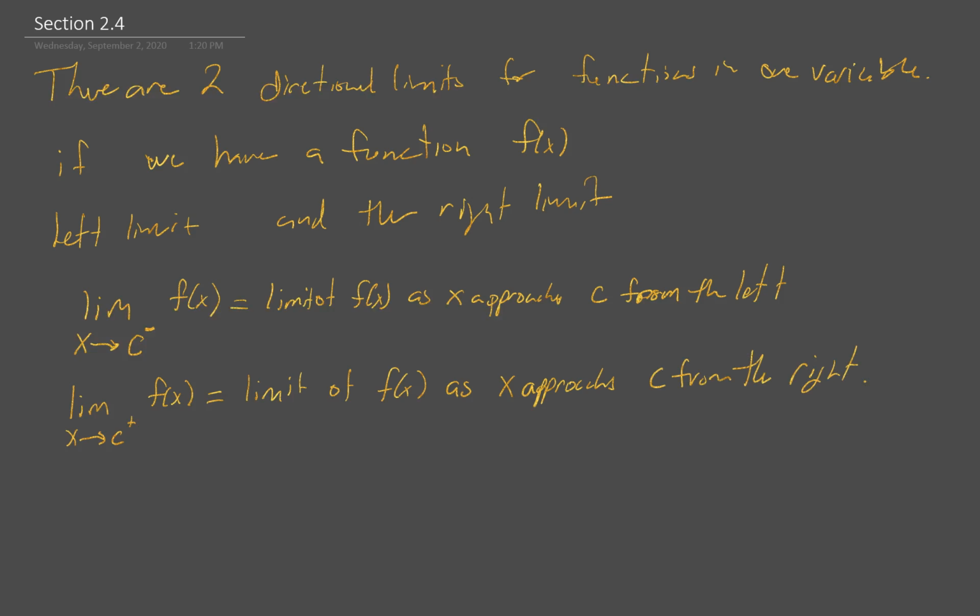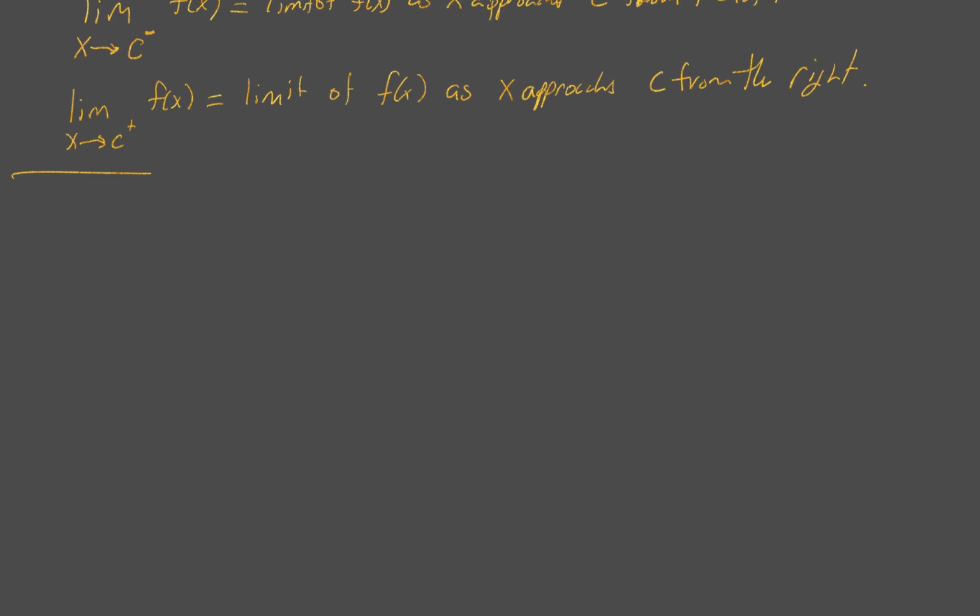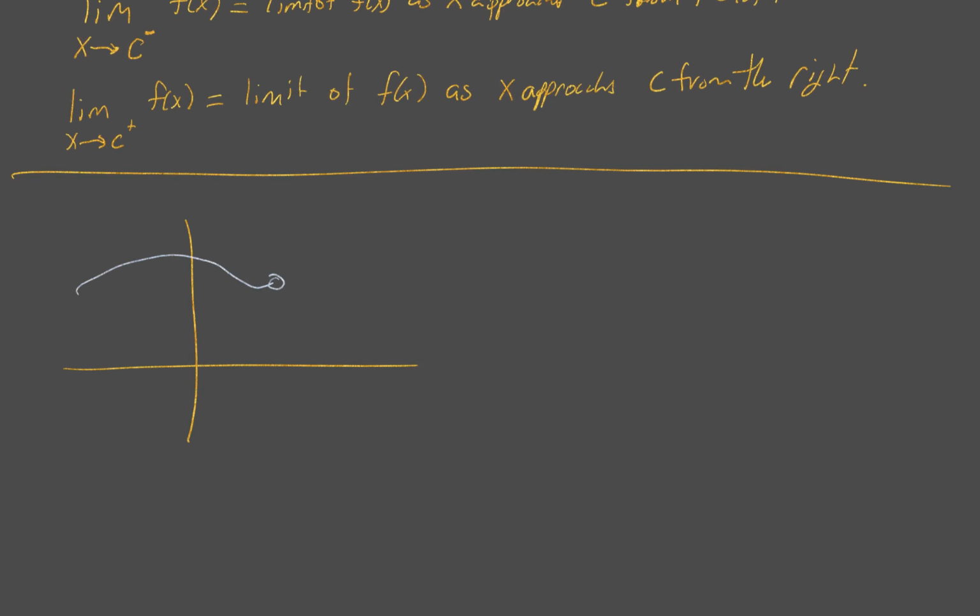Okay, so let's draw a picture about those two things. This will look pretty familiar, because we've drawn similar pictures to this for a while now. I'm going to have a disconnected function, and the disconnection is going to happen at c.